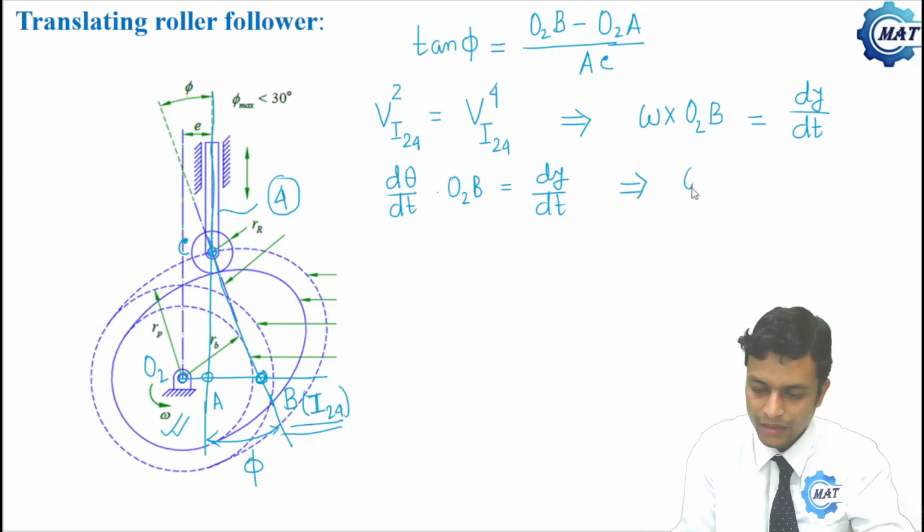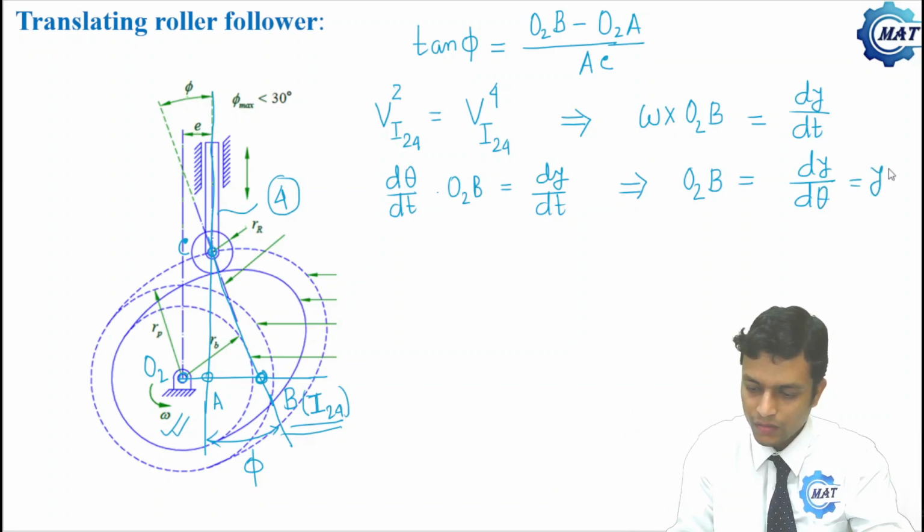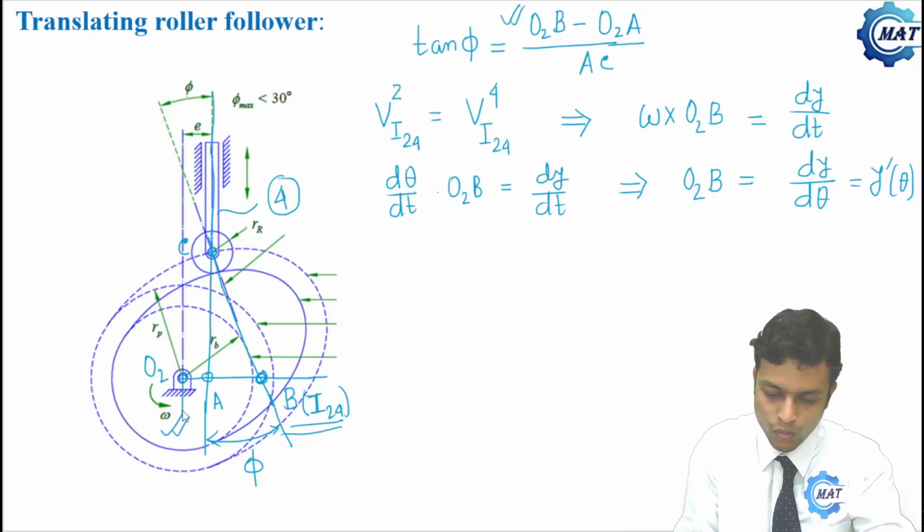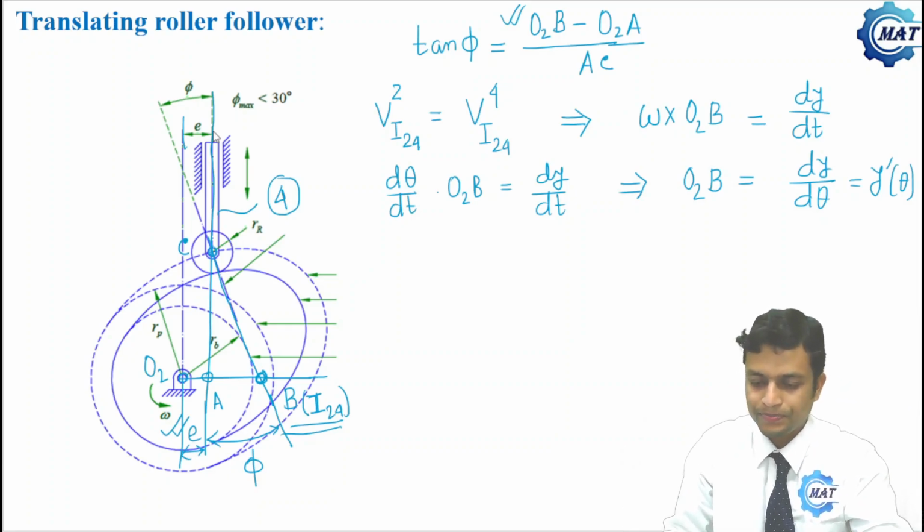That implies O2B is dy by d theta, that is y prime theta. So we have calculated the value of O2B, and O2A is nothing but E, the value of the offset.